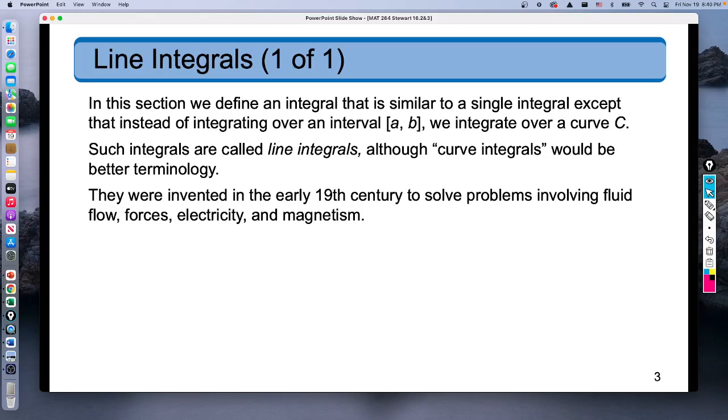It's very similar to single integrals, and we integrate over a curve, so rather than going from x equals a to x equals b, we're following along a curve. That's why they call them line integrals, although maybe we should call them curve integrals. And they get used for various things like fluid flow, forces, electricity, magnetism.